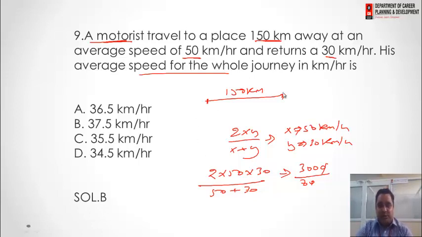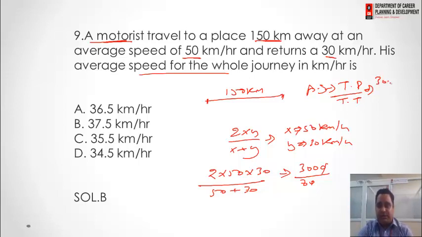There is another way as well. We can find the answer by using one simple trick, that the average speed is total distance divided by total time taken. The total distance here is 150 kilometers from one side and 150 from the other side.